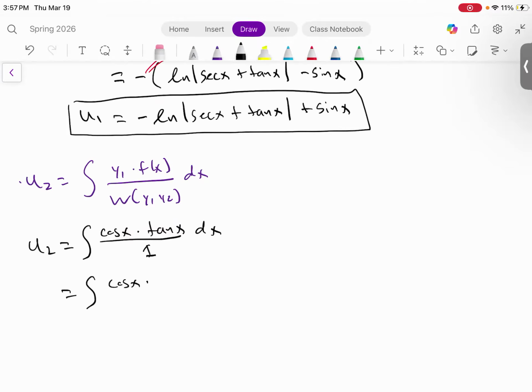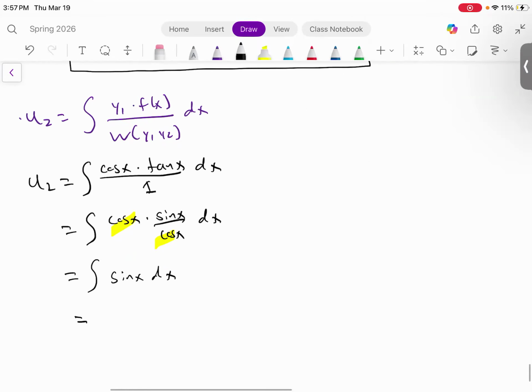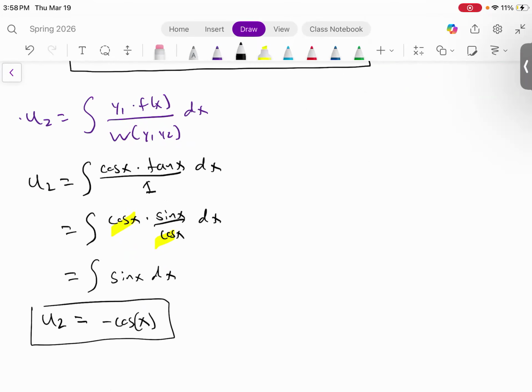I can rewrite tangent as sine over cosine. And look at that, the cosines cancel each other out. And so I just end up with the integral of sine x dx, which is just negative cosine x. So, like I said before, that is our simpler integral to deal with.